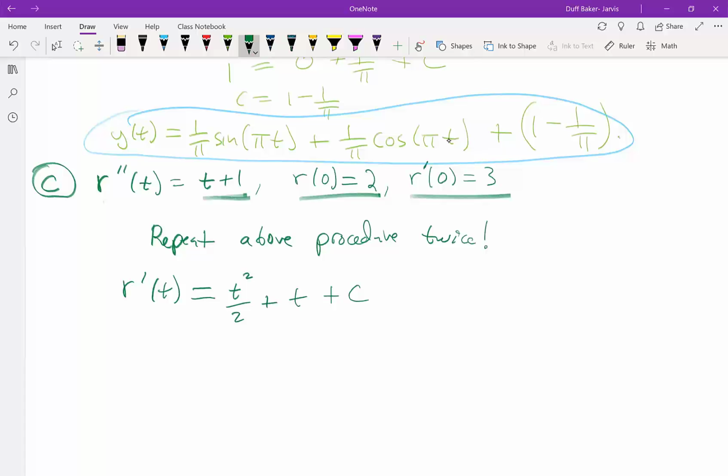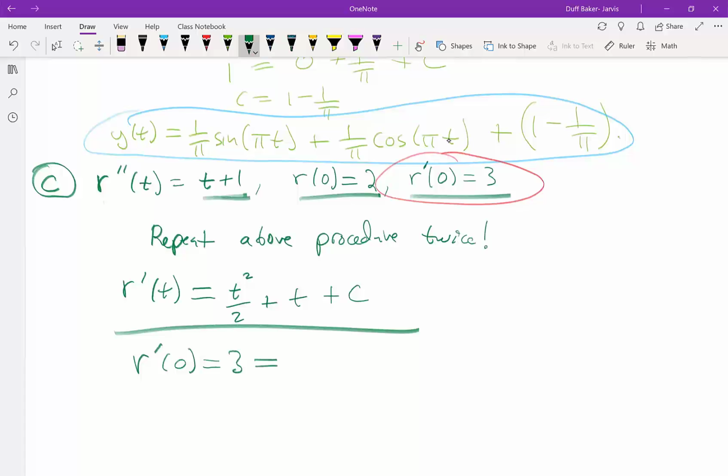And now, because we have a function where we have the first derivative in there, the only piece of information that would make sense to use is this second one that tells us stuff about the first derivative. So if we plug that in, it would say r prime of 0, that better be 3.